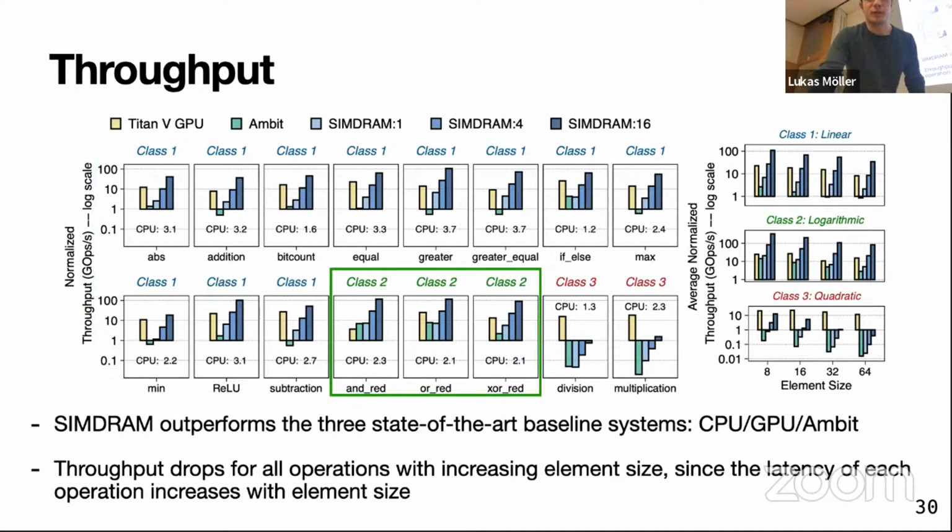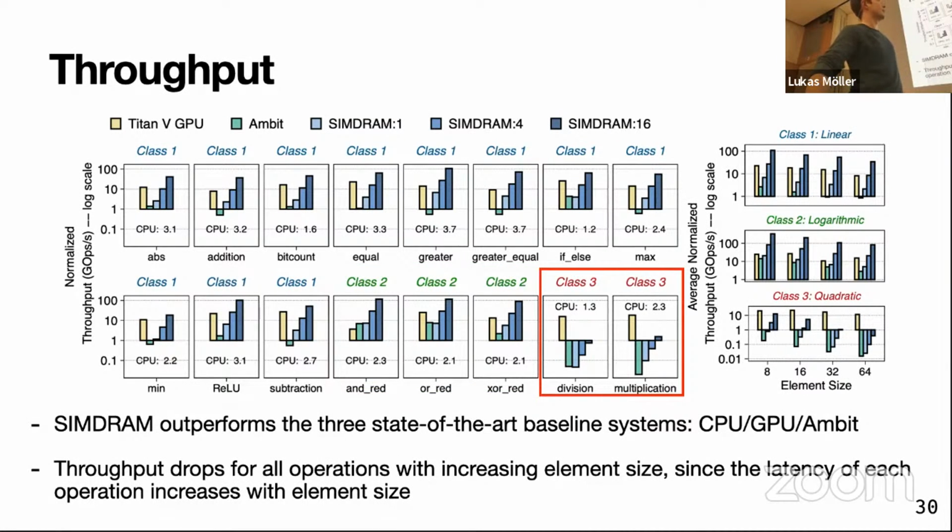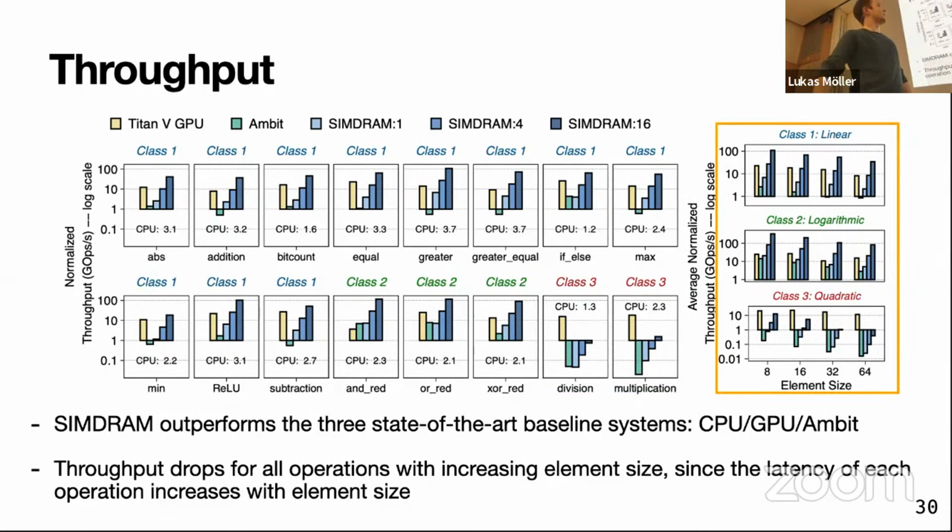For class 2 operations, we can see that SIMDRAM doesn't perform as well anymore, and this effect worsens with quadratic operations. On the right-hand side, we can also see how this scaling is affected when the element size changes from 8 to 16 to 32 to 64.